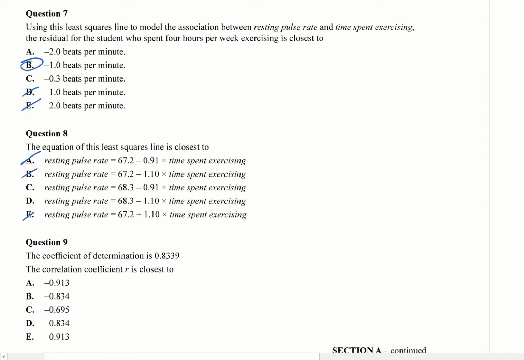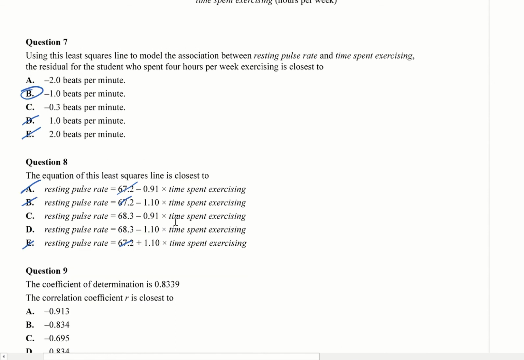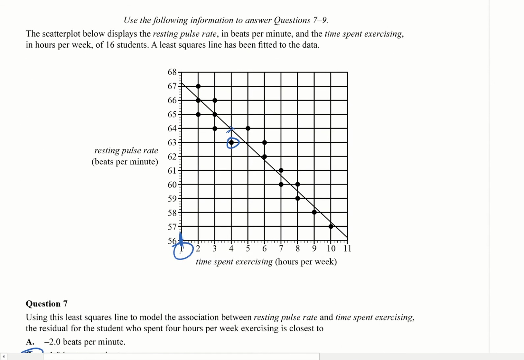So we can get rid of those three straight away, because this here is not 0. So it's not crossing at the y-axis. So that's where we can rule out that one straight away.